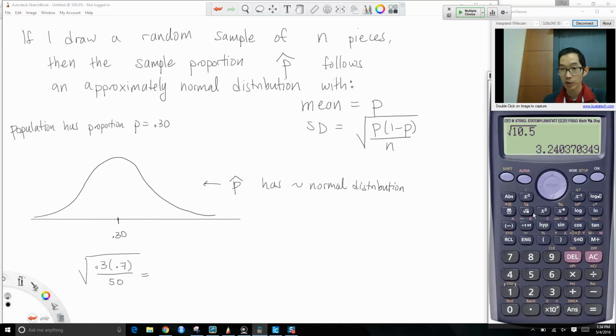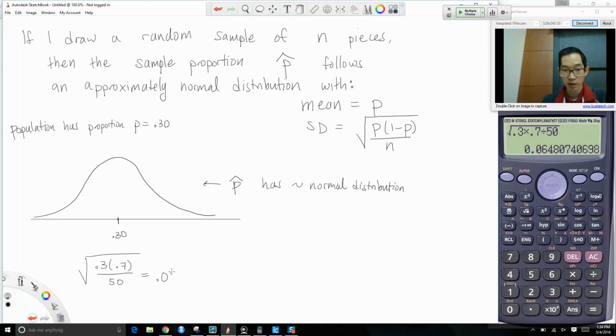I get 0.0648. Does this kind of make sense? I hope. All right, so let's try to apply this, and we'll make our first clicker question of the day.